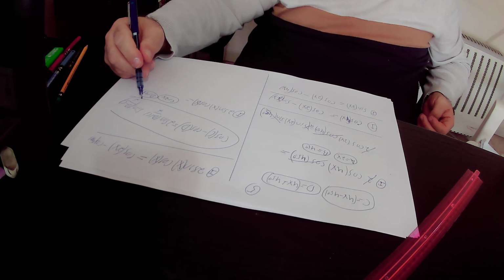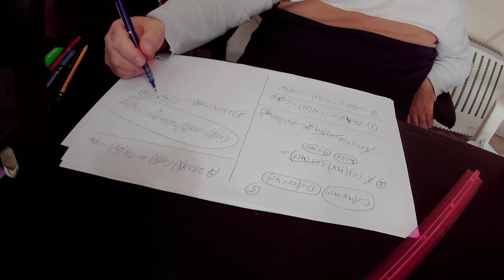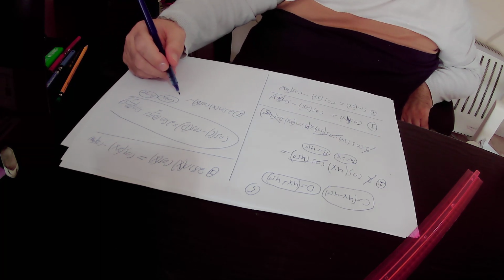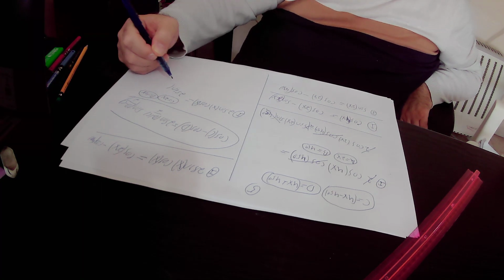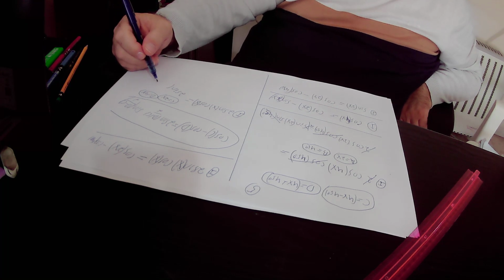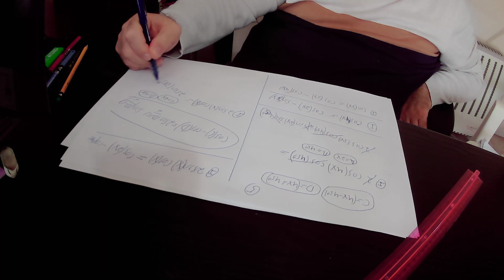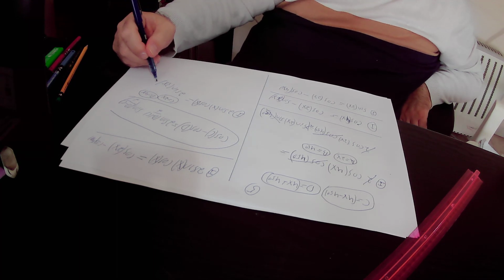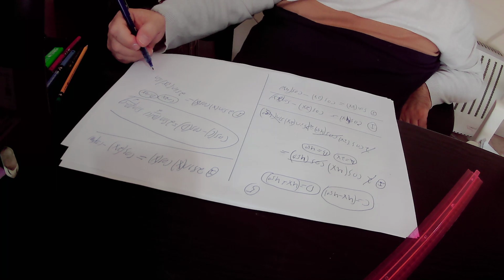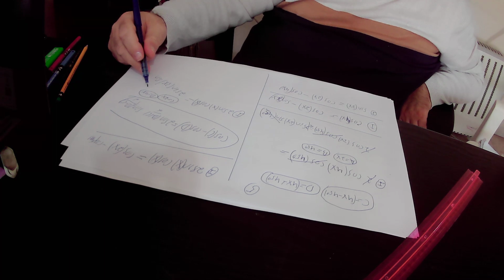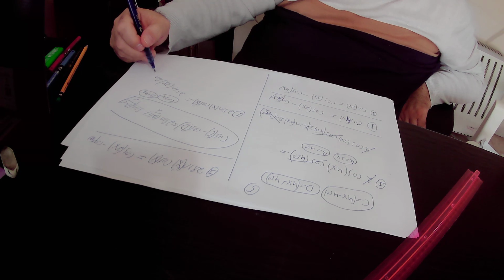So cosine C minus cosine D equals 2 sine D plus C over 2. C is 2x, D is 4x, so 2x plus 4x is 6x, and 6x over 2 is 3x, times sine D minus C over 2. D minus C is 4x minus 2x is 2x, and 2x over 2 is x.